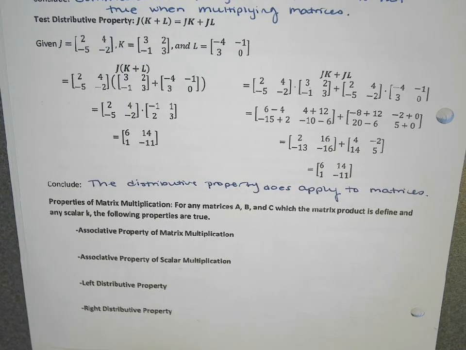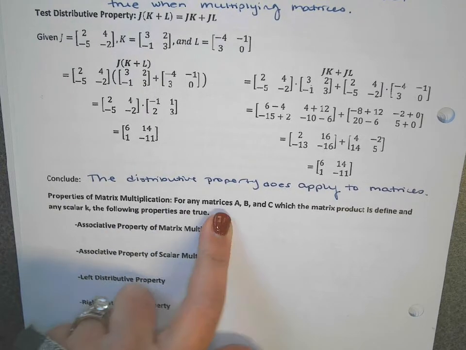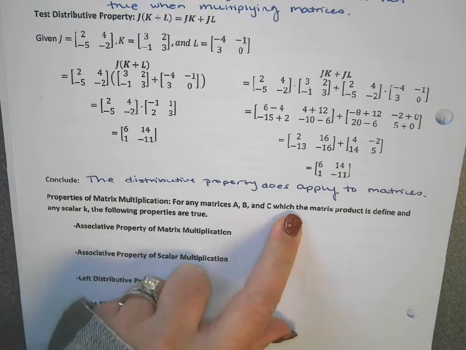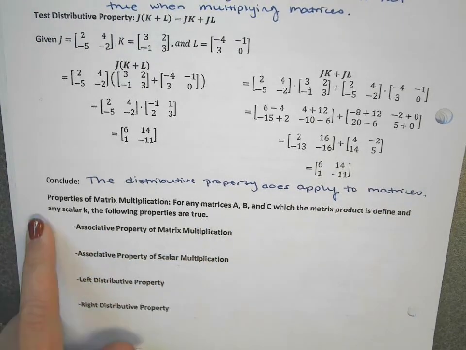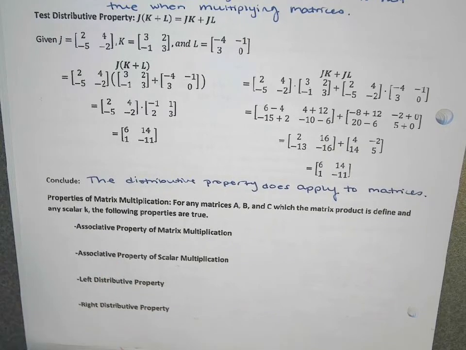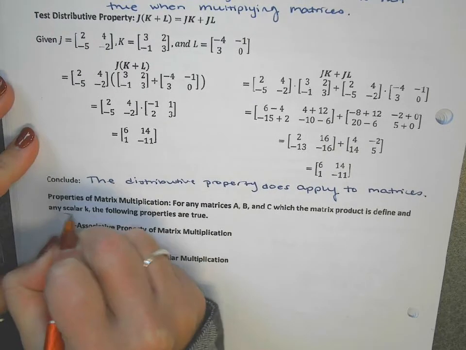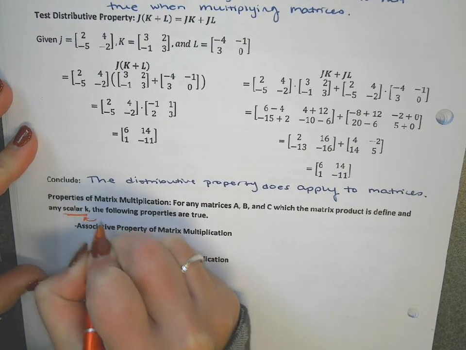Now the last four, I could have shown them to you, but I didn't. So the associative property of a matrix, these are properties of matrix multiplications for any matrices A, B, and C, which the matrix product is defined, and any scalar K. So that's where the scalar K is, that constant out front.